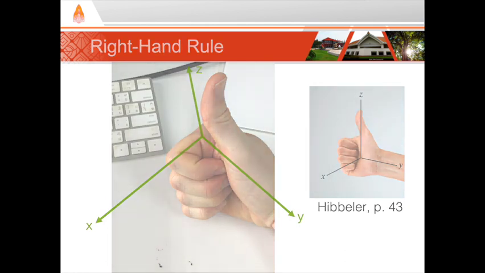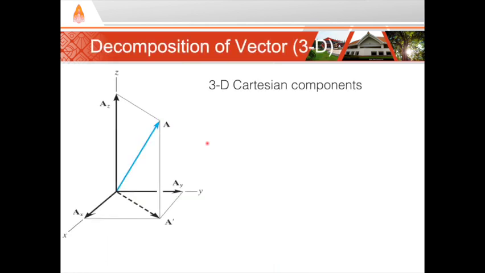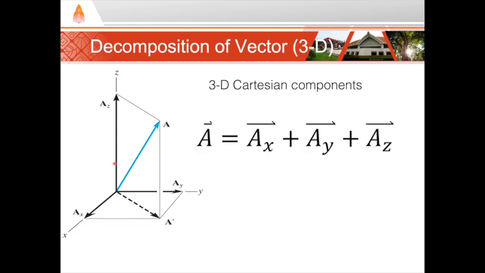So now let's take a vector, A. We can break that vector A into components along the x, y, and z axes. And we can call those components of the vectors ax, ay, and az. And we can say that the vector A is the sum of the vector components ax, ay, and az.